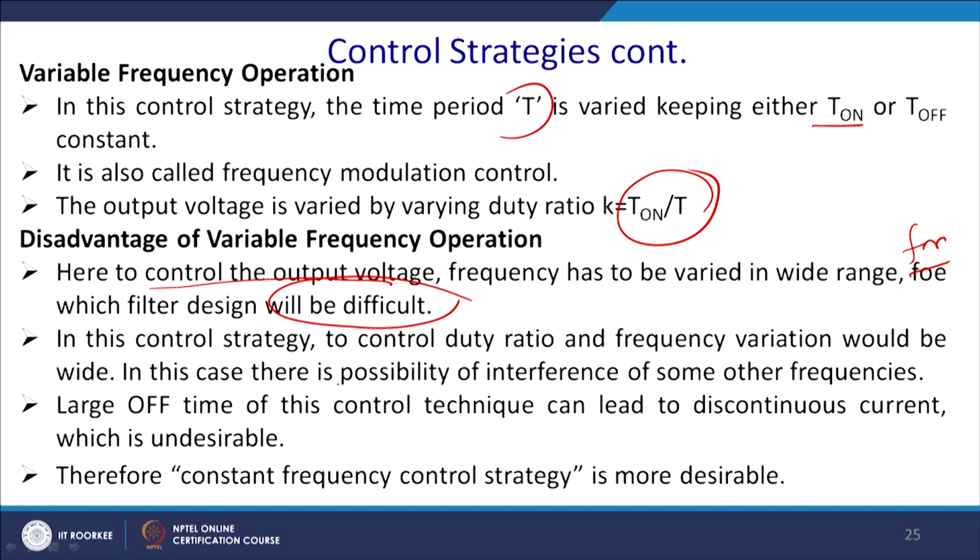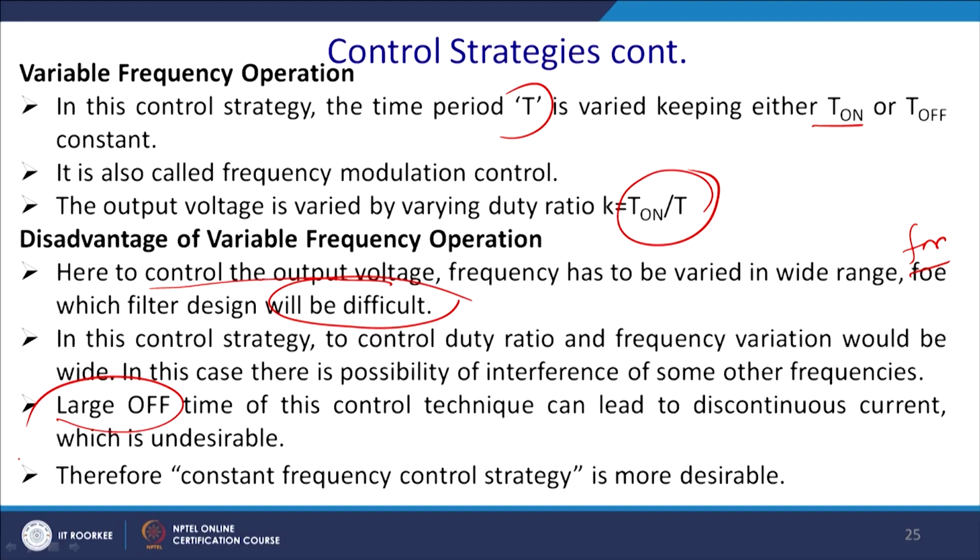In this case, the possibility of interference with some other frequencies also comes into the picture, and ultimately you may have a high spectrum that may interfere with other high frequency components, and that may give you issues of EMI EMC. And a large T off in this control technique may lead to discontinuous current, which is undesirable.